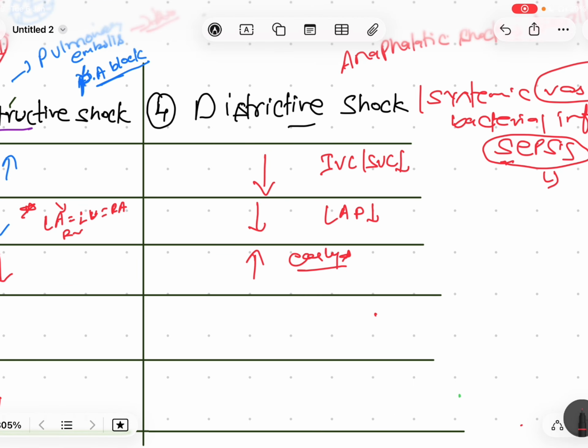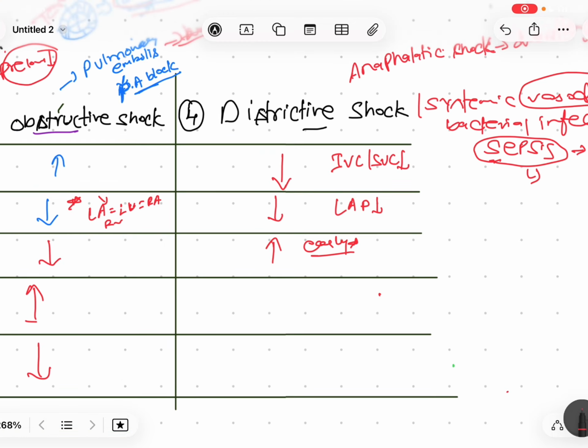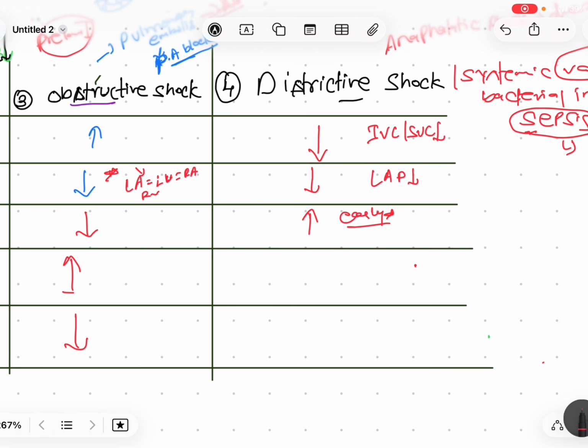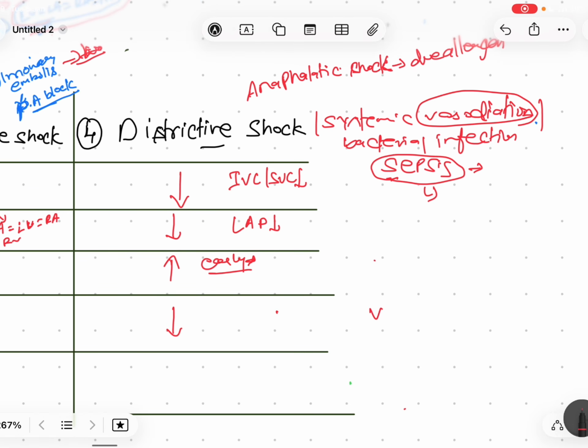Cardiac output is increased just for a while. And what happened with systemic resistance? It will decrease because of the vasodilation.